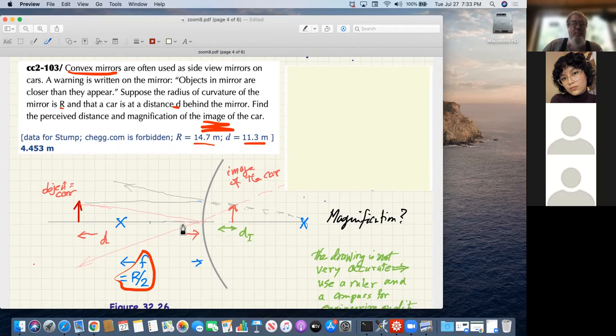Well, this focal length will be R over 2. R is given, so this focal length is approximately 15 divided by 2, which is 7.5 meters. And this is a little over 11 meters. So the object is farther away from the mirror than the focal point.